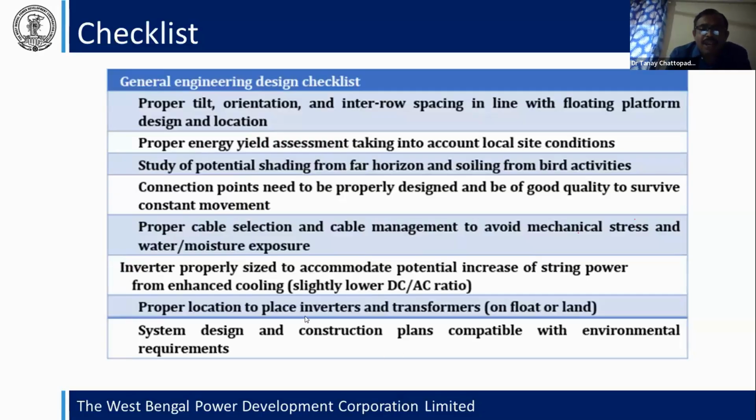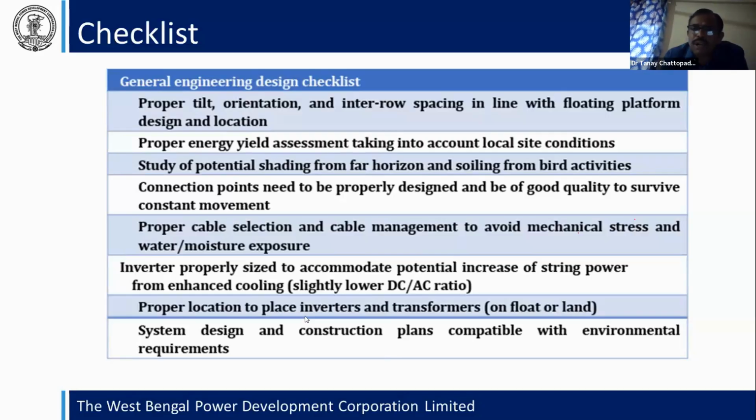You have to maintain a certain DC to AC ratio. In our power plant we maintain a 20% DC to AC ratio, and in some power plants they also use 40%. It depends on the availability of your area, how you consider the DC AC ratio.